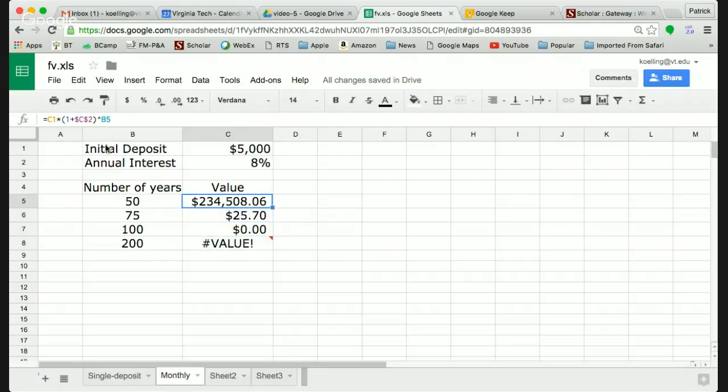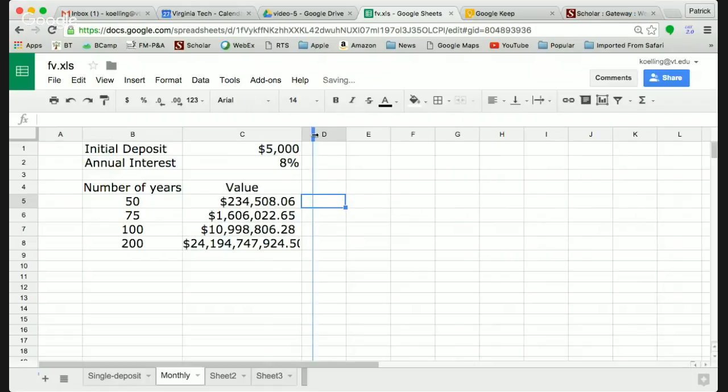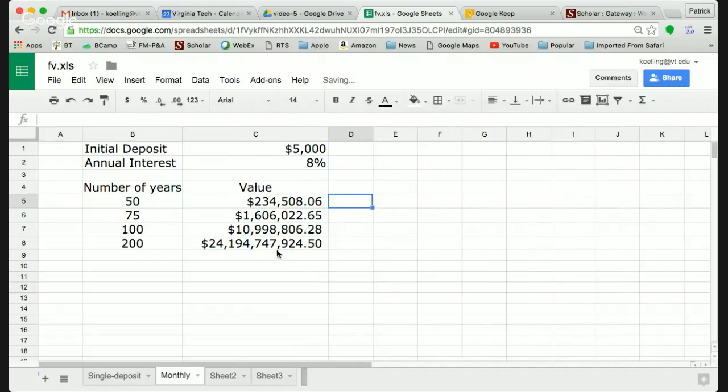This C1 also needs to be an absolute cell address. And there we go. Now it should work. If we had 200 years to keep it, we could deposit $5,000 at 8%. 200 years later, the economically equivalent value is $24 billion.